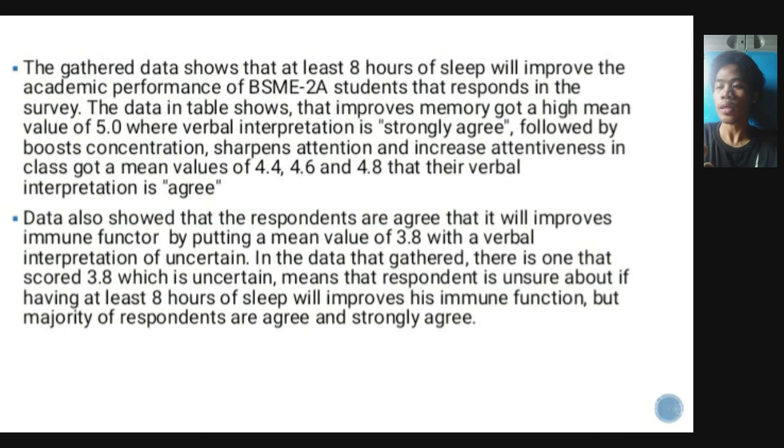Their verbal interpretation is agree. Data also show that the respondents are uncertain whether it will improve immune function, with a mean value of 3.8. This means the respondents are unsure if having at least 8 hours of sleep will improve their immune function. But the majority of respondents agree and strongly agree.